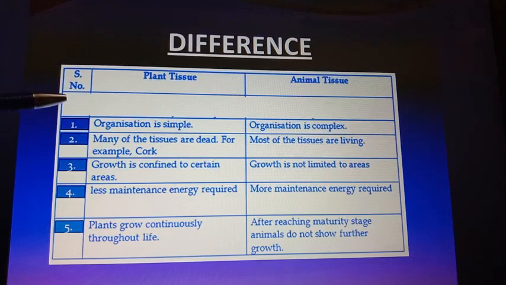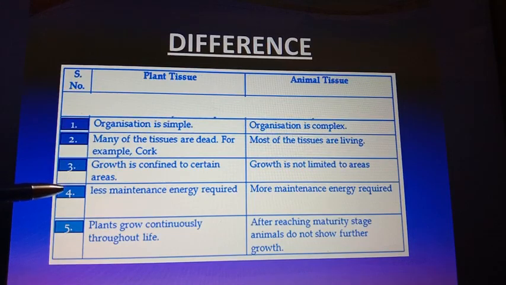First point, in plant tissue the organization is simple, and for animal tissue the organization is complex. For plant tissue, many of the tissues are dead, and in animal tissues, most of the tissues are living. For plant tissue, growth is confined to certain areas, and for animal tissue, growth is not limited to areas.